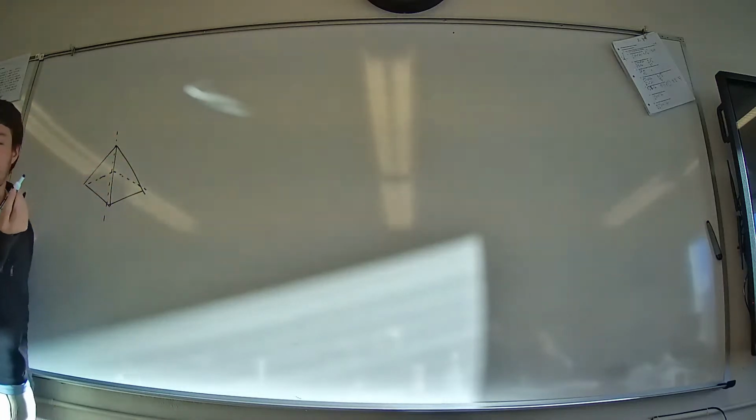Okay. So we got a spinning object. We don't know what it is. Say it was something really weird, like I don't know, it could be a pyramid or something. Could be anything, right?